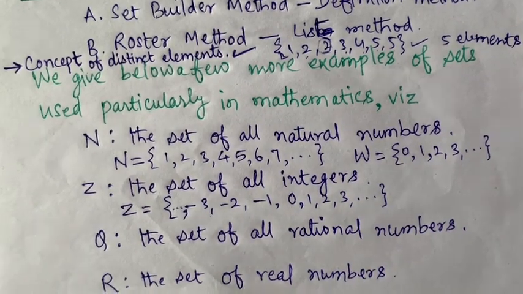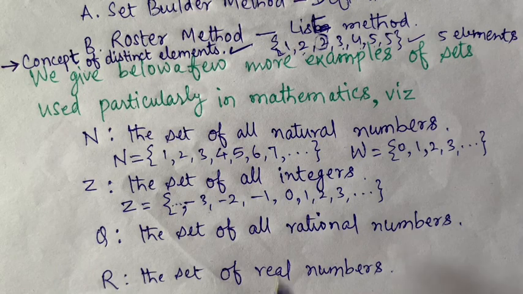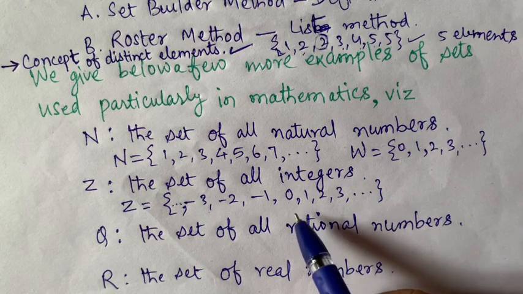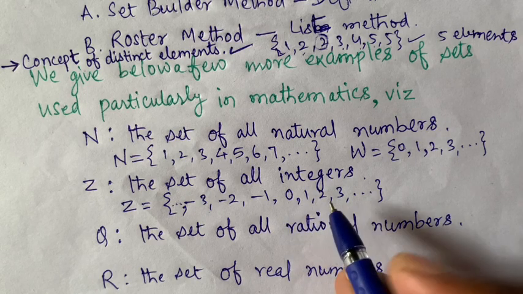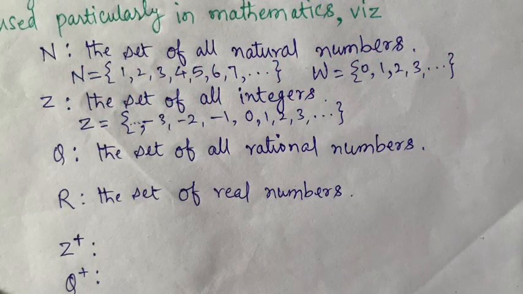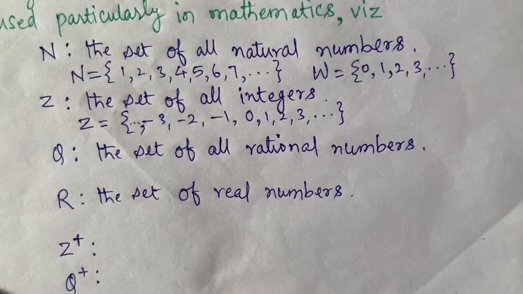Then come the numbers in between any two of these integers, which will of course be decimal numbers, like 1.1, 1.2, 1.3, etc. Then comes the set of rational numbers.